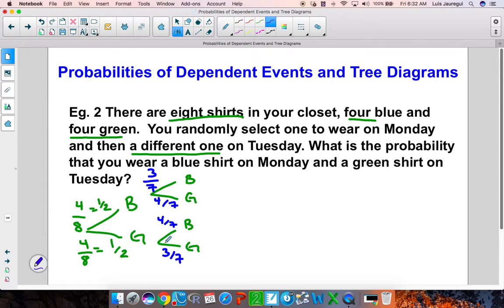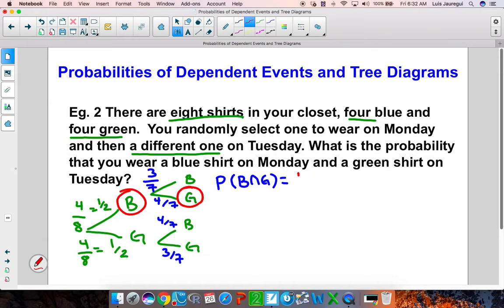Okay. Now let's see what we're interested in terms of the problem. We want the probability that you wear a blue shirt on Monday and a green shirt on Tuesday. So analyzing my tree diagram, I want a blue shirt on Monday and a green shirt for Tuesday. Notice I can just multiply my probabilities.